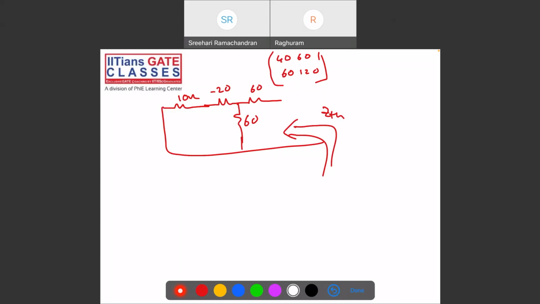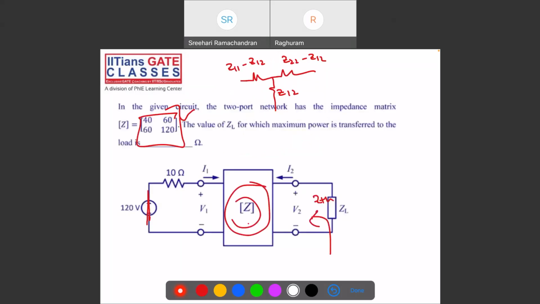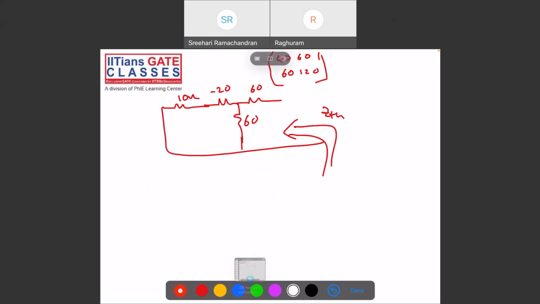I'm seeing whether I have a different value. Sorry, I think let me take this as 140 rather than 40.